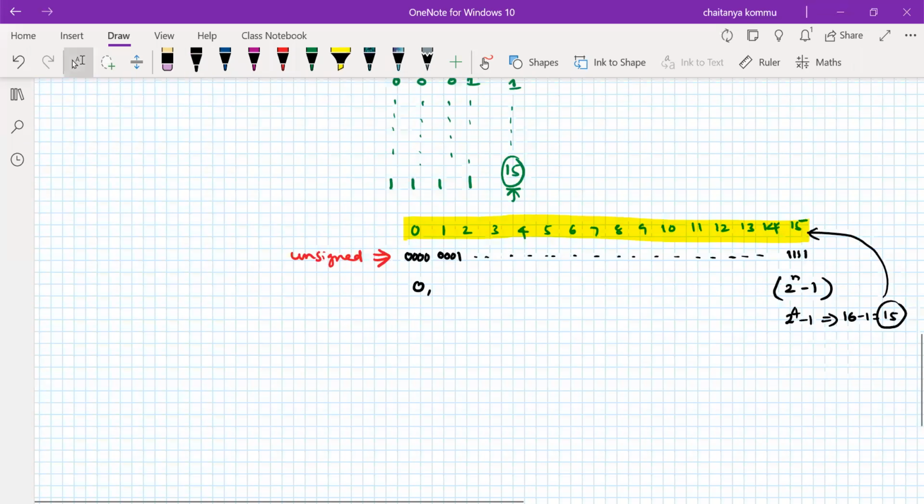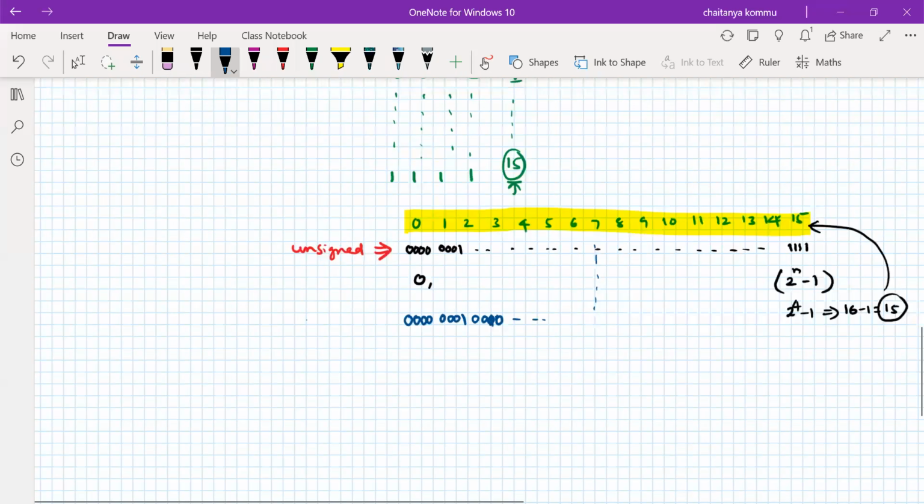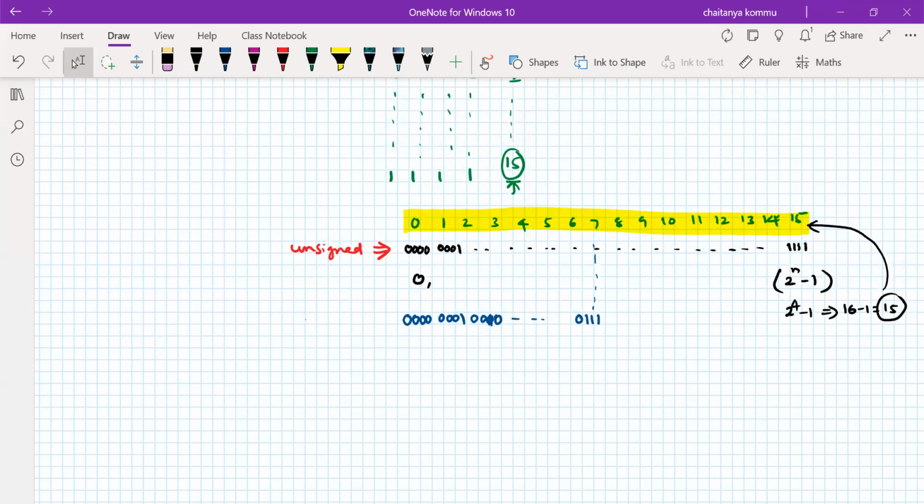Now in the sign magnitude representation, what have we done? How many numbers have we represented? 0 to 7 only, I think. So 0, 0, 0, 0, next 0, 0, 0, 1 is possible, and so on. Up to 8 we have done, 0, 1, 1, 1.